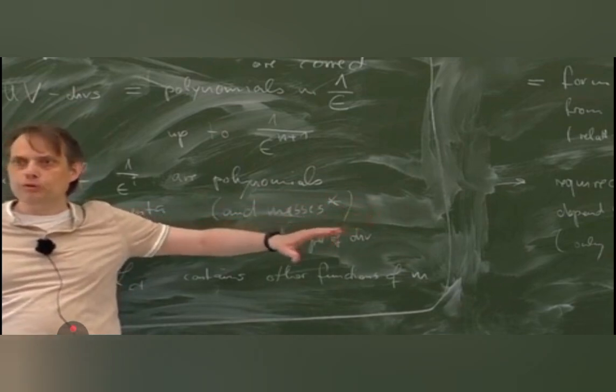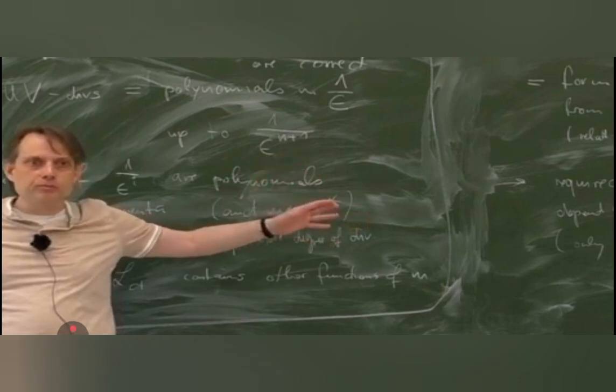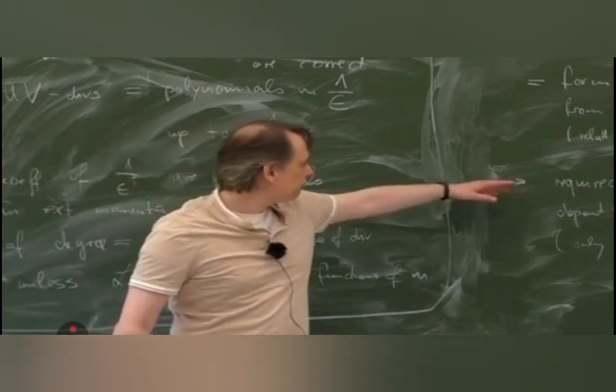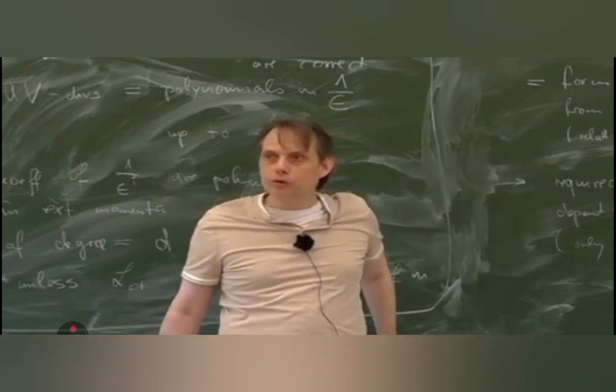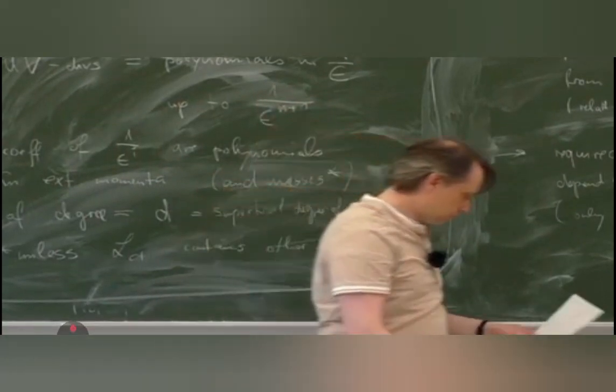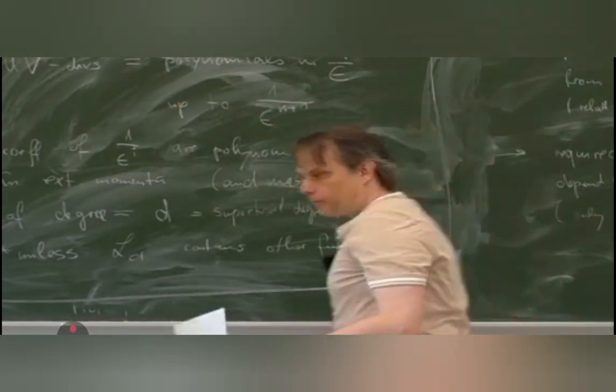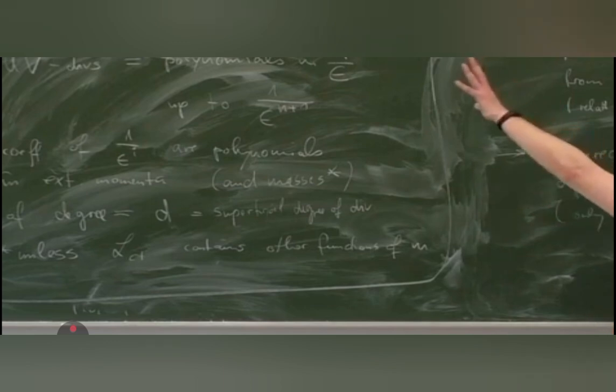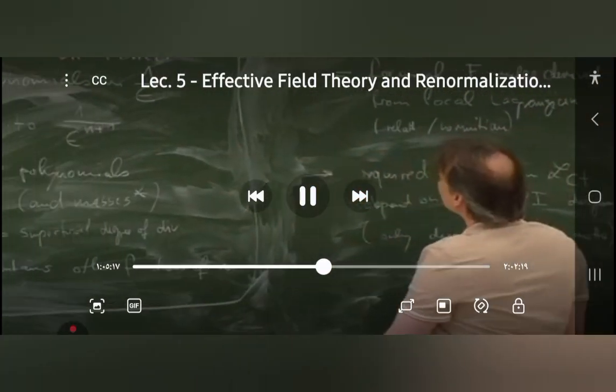This is maybe a finite number, and then you know which operators can possibly appear in your counter term Lagrangian. All right. So with this in mind, we can now go on with our procedure at the n+1 loop level.